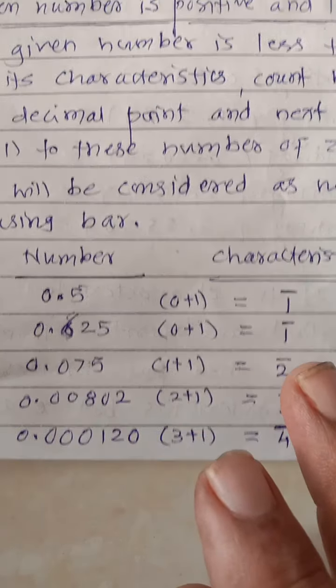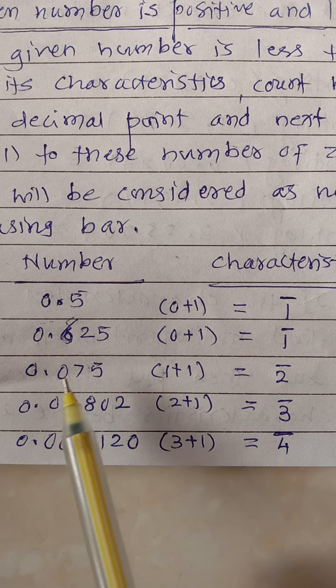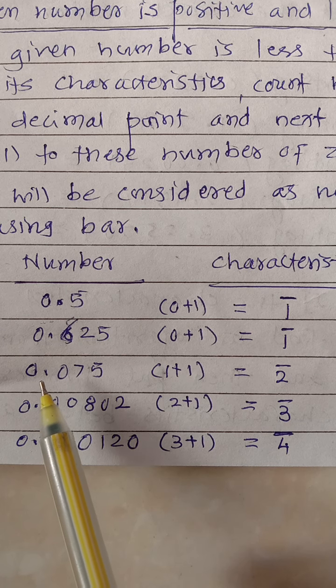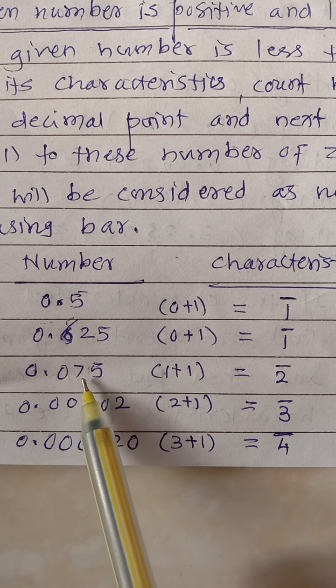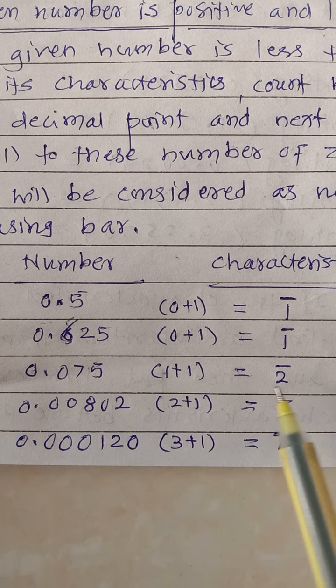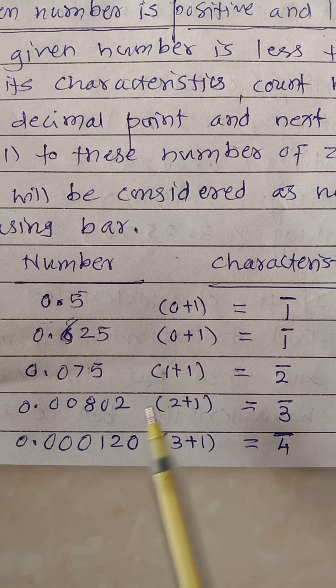Then for the next number, if it is 0.075, then the number of zeros between the decimal point and the 7 is equal to 1. So 1 plus 1 we get 2, that is 2 bar will be its characteristic.